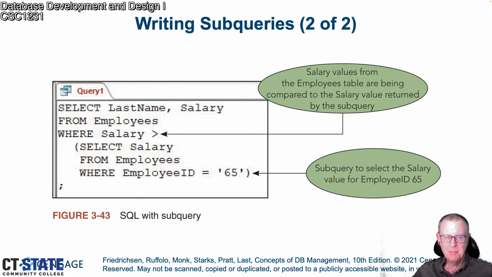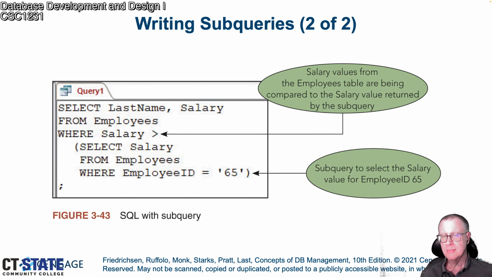So here's an example. The inner query, or the subquery, is SELECT salary FROM employees WHERE employee ID equals 65. So that's getting a particular employee's salary value. And then the outer query says SELECT last name, salary FROM employees WHERE salary is greater than that value that we pulled out.